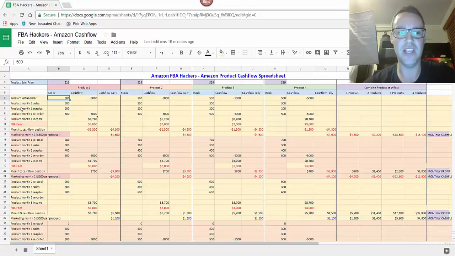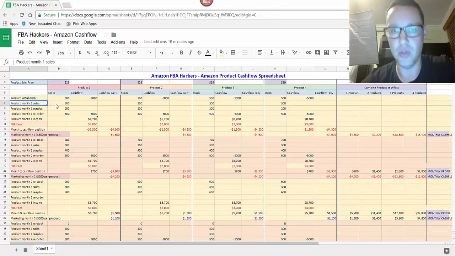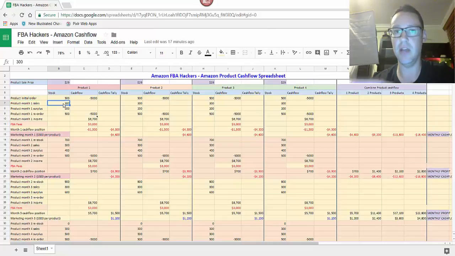You can see here, just as an example, once you've sold 300 units, it says month 1 sales, but that might happen within 2 weeks or 1 week, or it might take a bit longer initially. It might take 6 weeks. But whatever it is, the time doesn't actually matter. Once your 500 stock gets down to 200 because you've sold 300, you would then reorder.